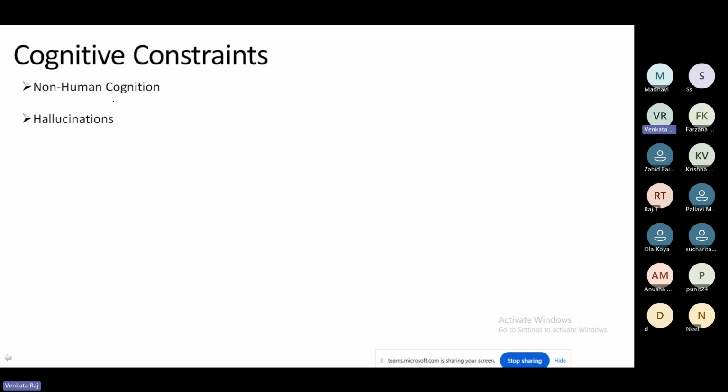Because you all know by now that the output of the AI model will depend on the data on which it has been trained. But if the AI model has not been trained on that data, it will still generate something, right? And sometimes it will generate output which will look very, very accurate, guys.